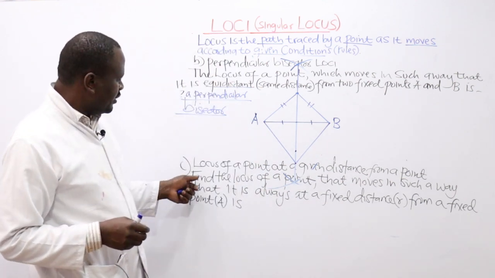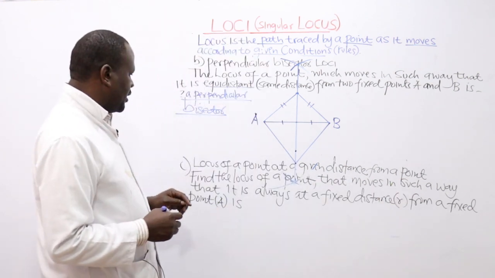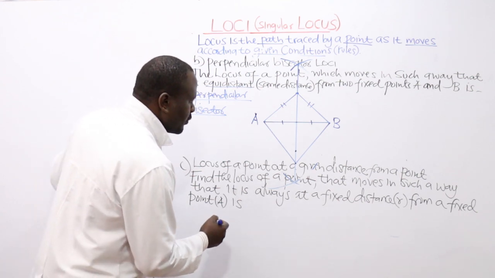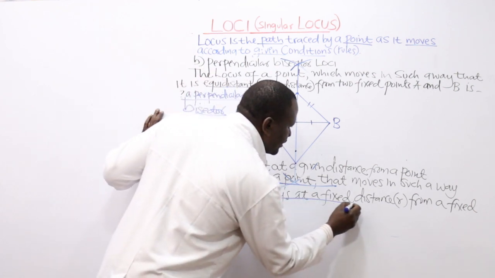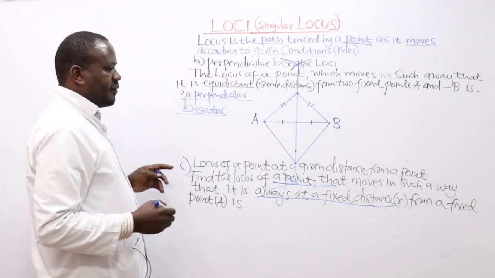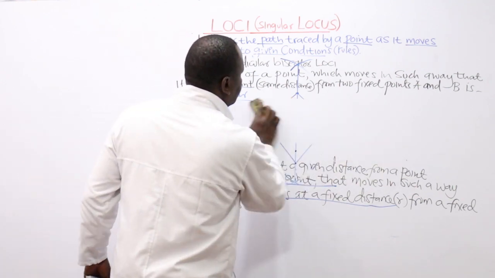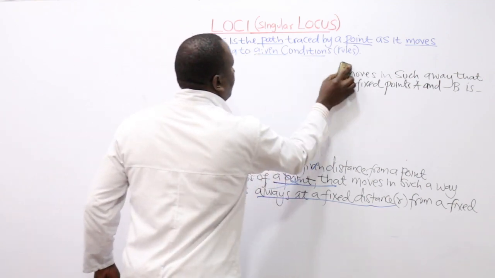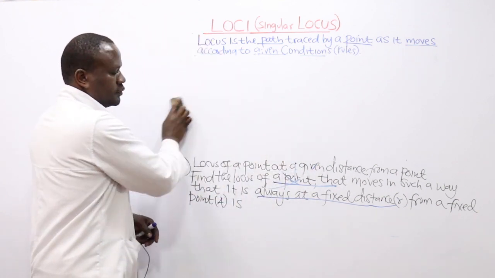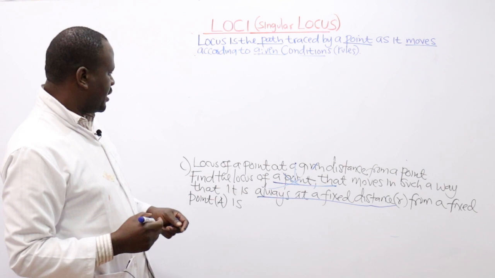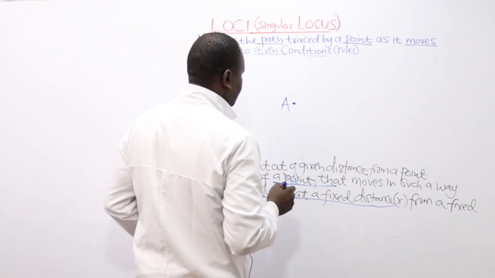So let's find the locus of a point that moves in such a way that it is always at a fixed distance from a fixed point A. So let's focus on part C. There is a point A. Let's say it's there.